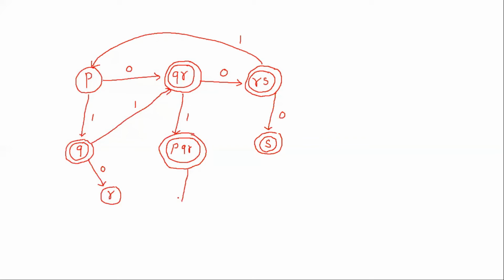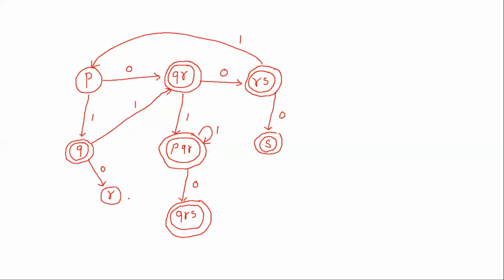So PQR state for the input 0 goes to QRS, and as Q and S are the final states, this QRS is also a final state. Then PQR for 1 goes to PQR itself. Then let us find out transitions from R for the input 0 and 1.